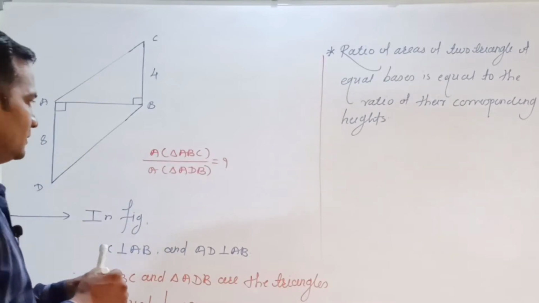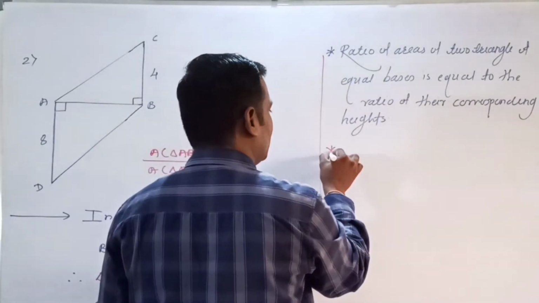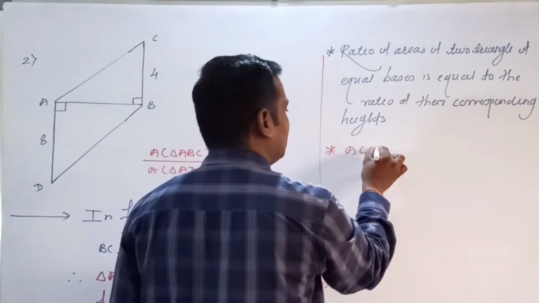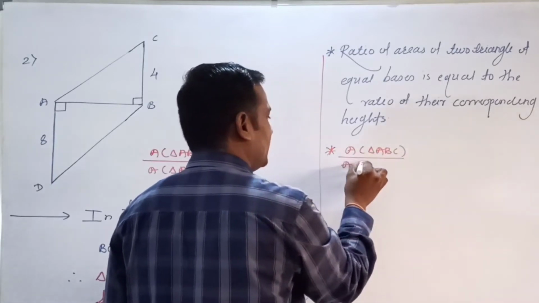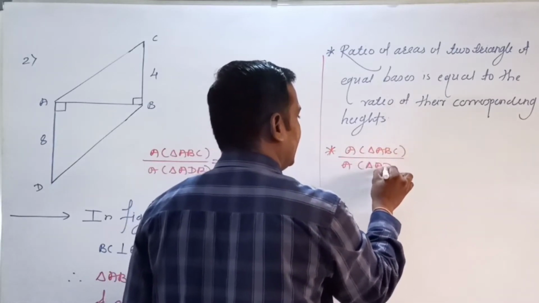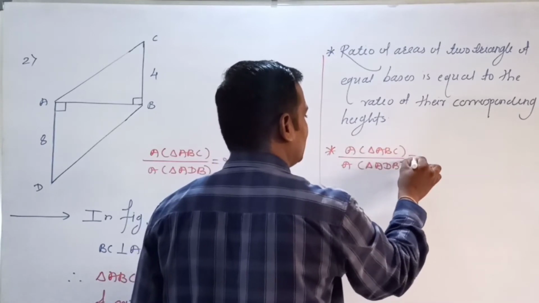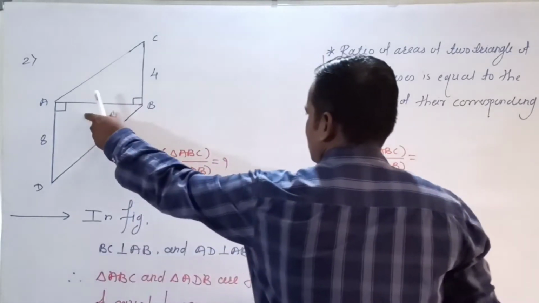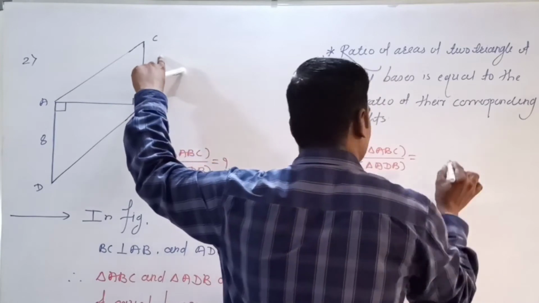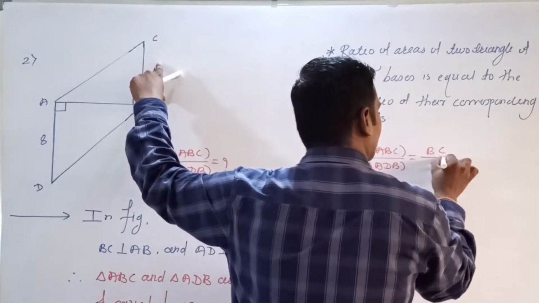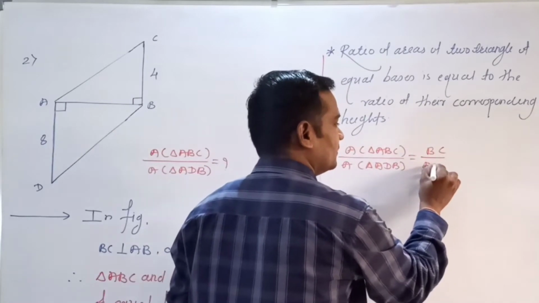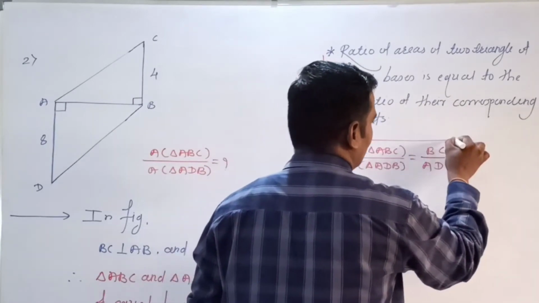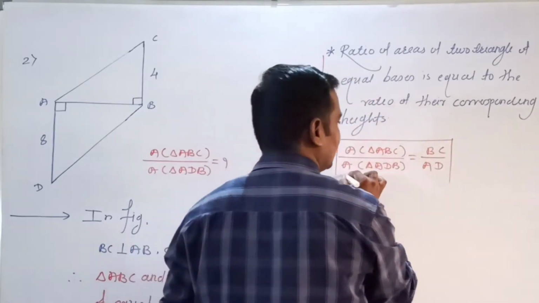So let's take that ratio. Area of triangle ABC upon area of triangle ADB. Now these are the two triangles. The base is common, so the height of ABC is BC upon the height of triangle ADB, which is AD. So this is the formula, we can say.